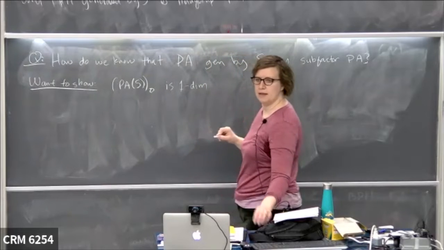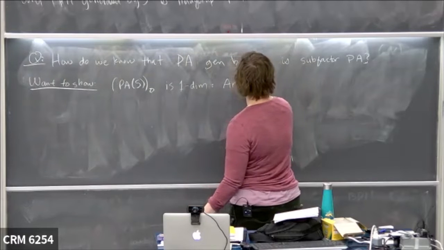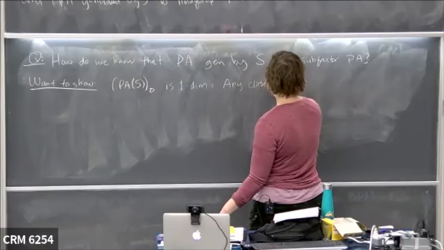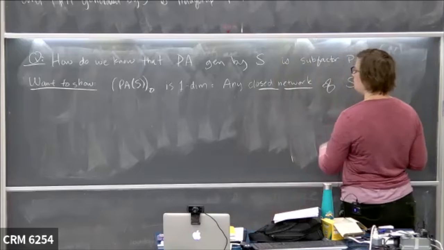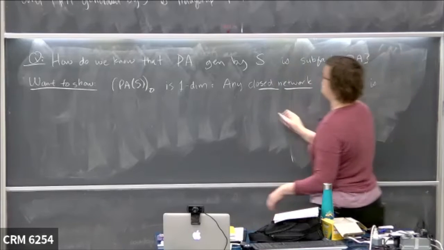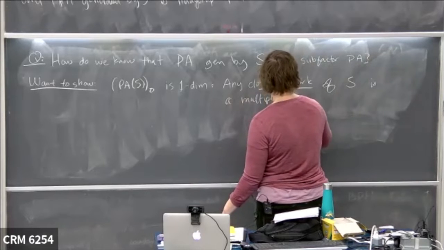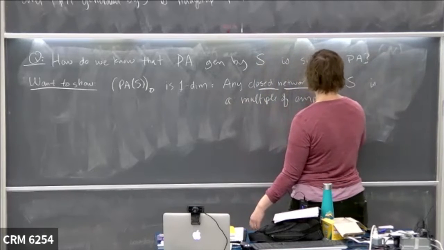More practically, we're saying that any closed network made up of copies of S is a multiple of the empty diagram.